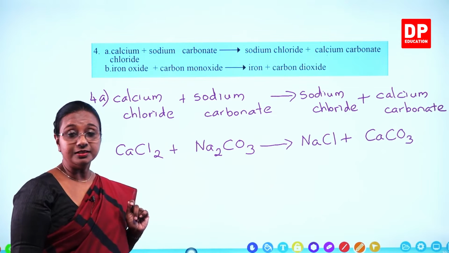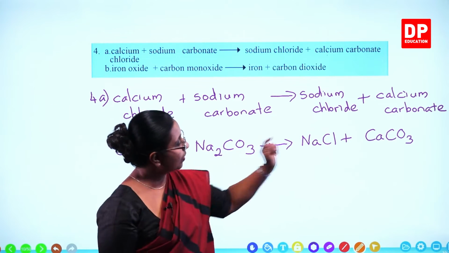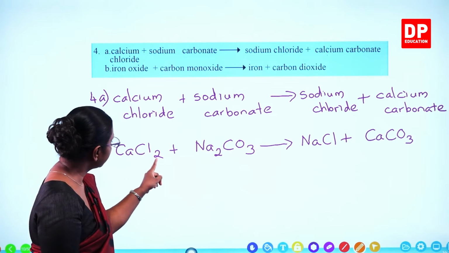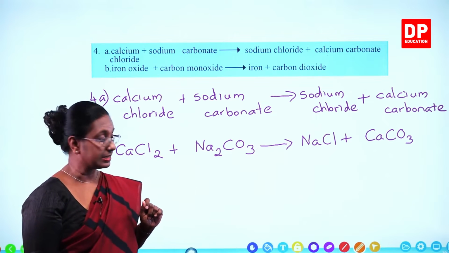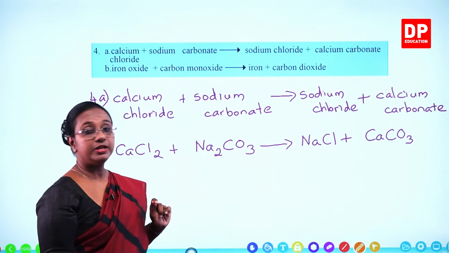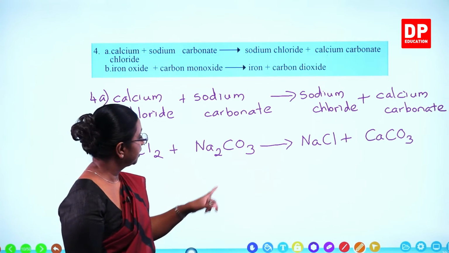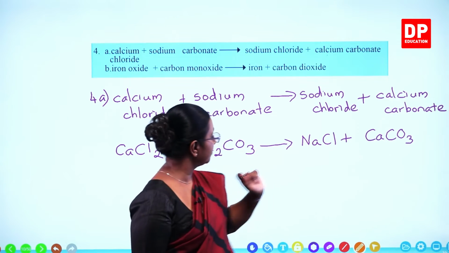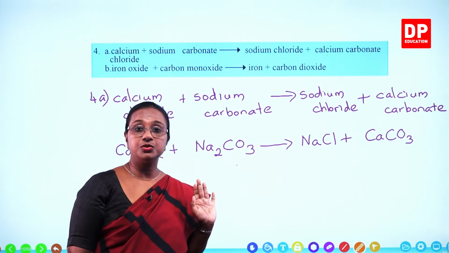Now let's check the number of atoms. One calcium here, there is one calcium there. There are two chlorine atoms, there is only one chlorine atom. There are two sodium atoms, there is only one sodium atom. Carbon, one carbon, one carbon. O3 and O3. So carbonate is also balanced.